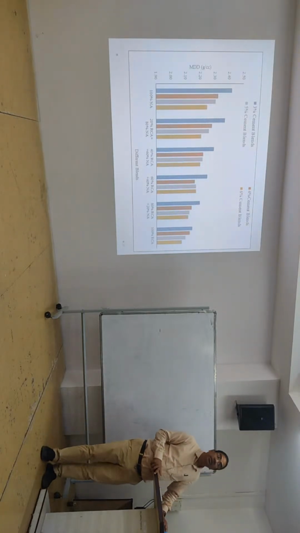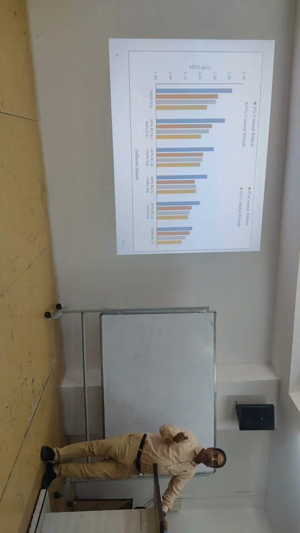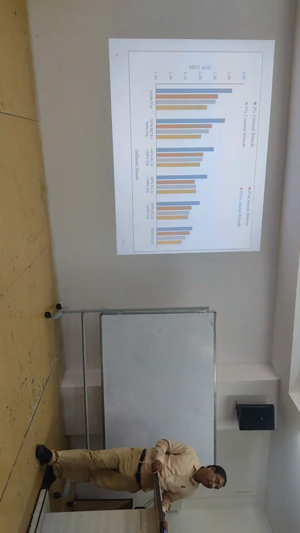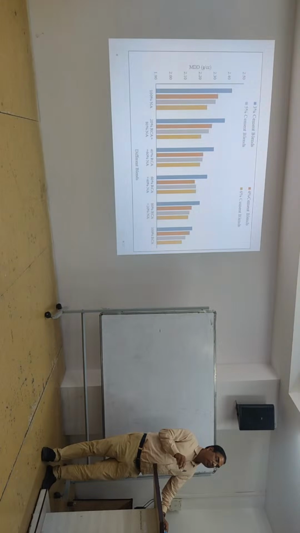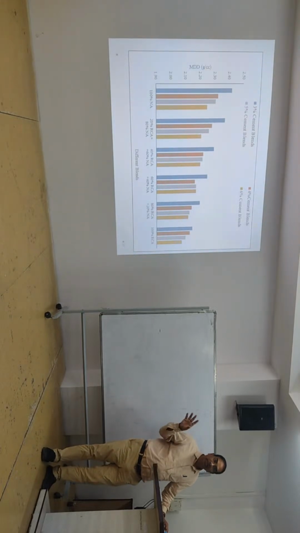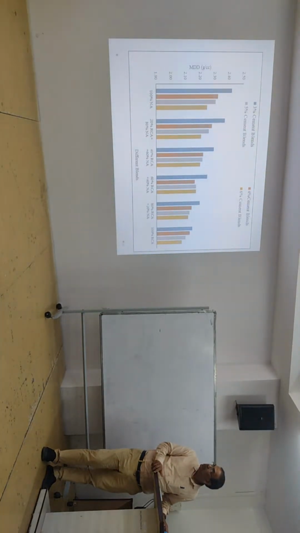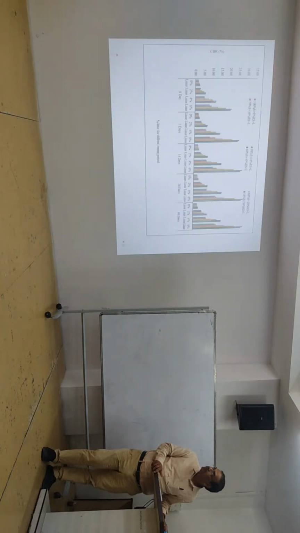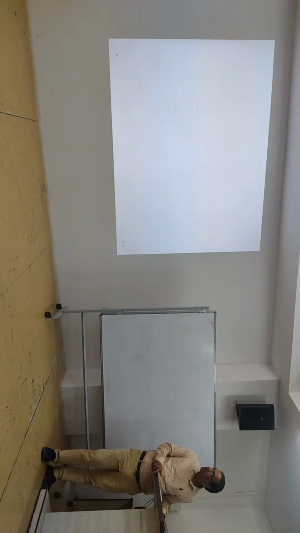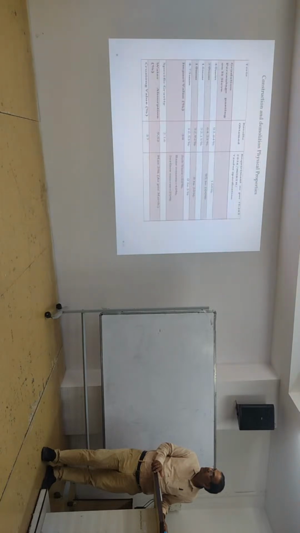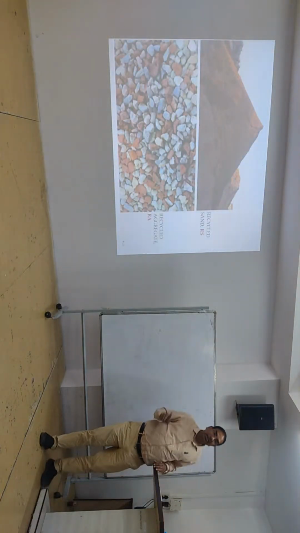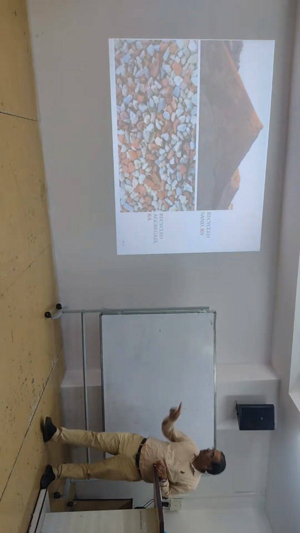If we have any technology to remove the brick from the aggregate, then it will be as good as natural aggregate. That is an important point. We need a technology intervention to remove brick from the recycled aggregate, as you can see here in the program. In this one you can see bricks are very much there.